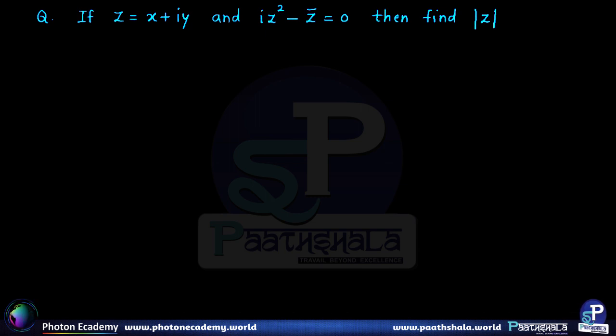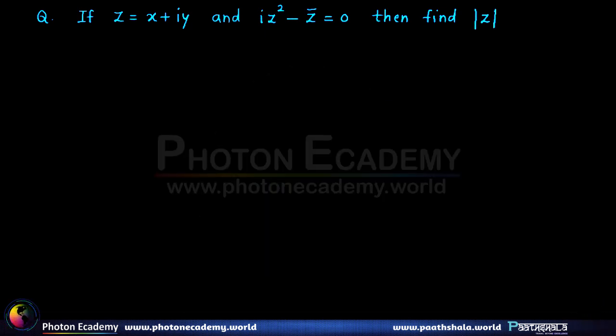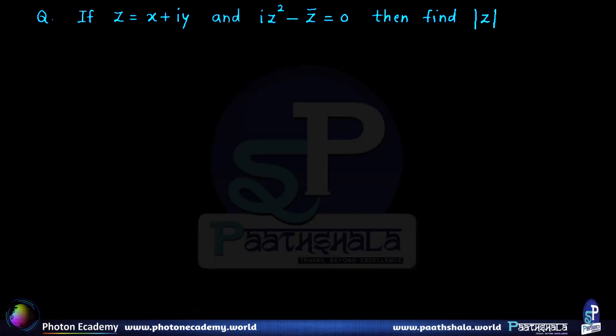Now here it is given that if z is equal to x plus iy and iz square minus z bar is equal to 0, then find the value of modulus of z. Now z is equal to x plus iy just means that z is a complex number.